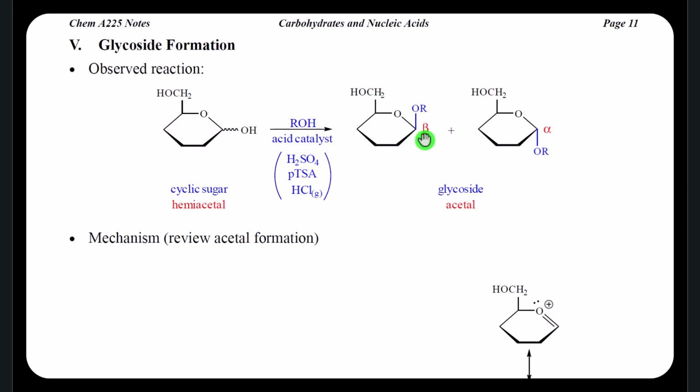We call that the beta, and one where the oxygen to carbon group which has been added is trans to the tail. We call that the alpha stereoisomer. These are both glycosides. They are diastereomers of each other, and we can see that because the anomeric carbon now has two oxygen carbon groups attached, that would be an acetal.